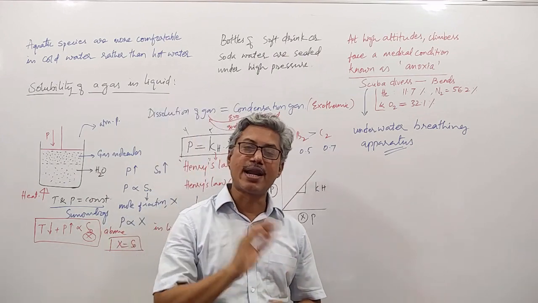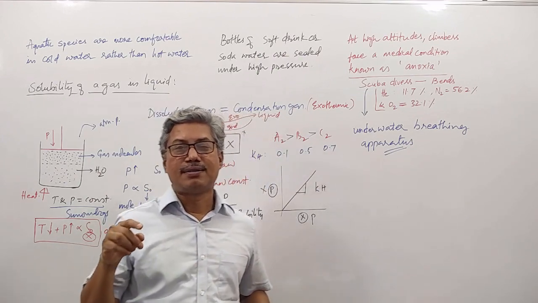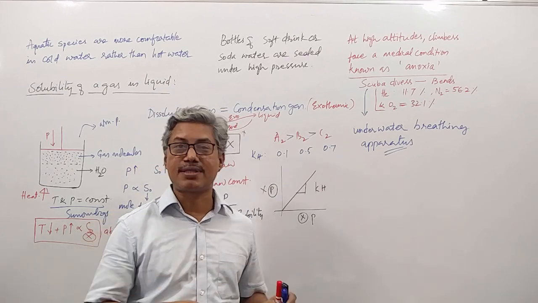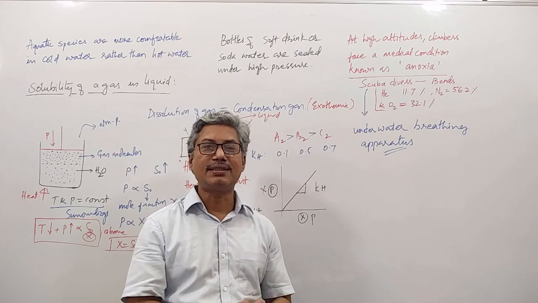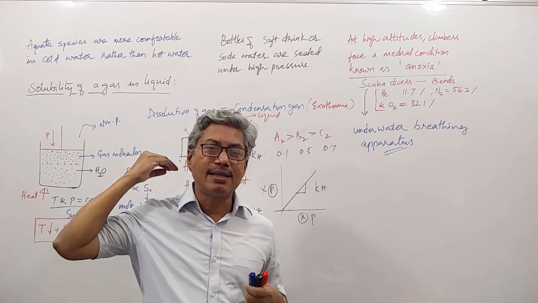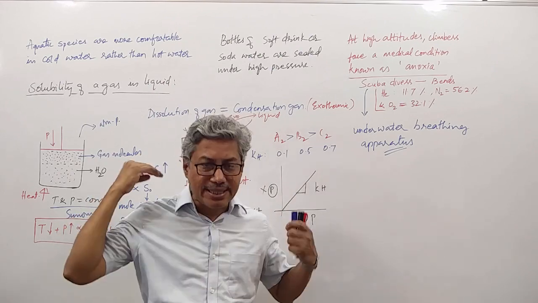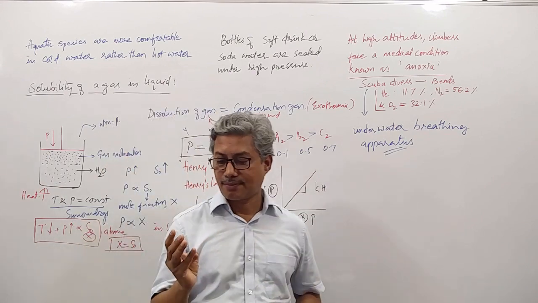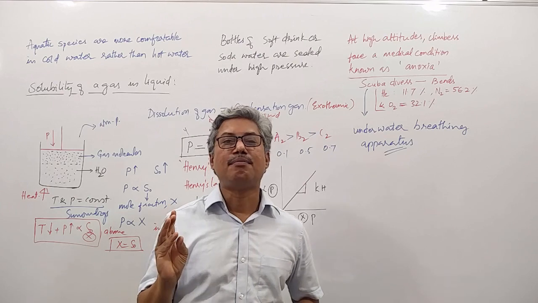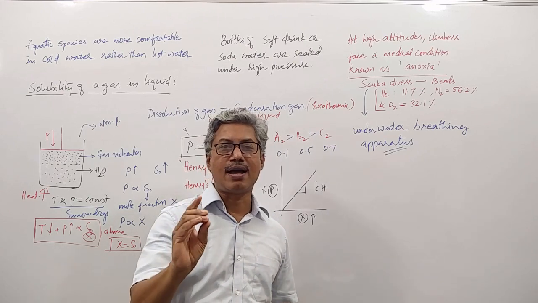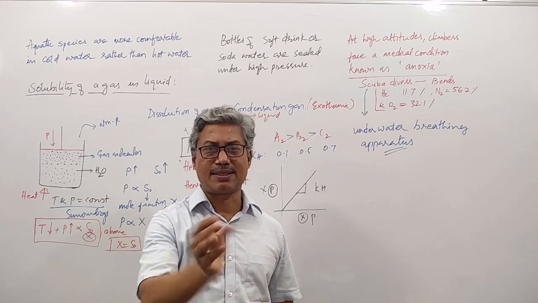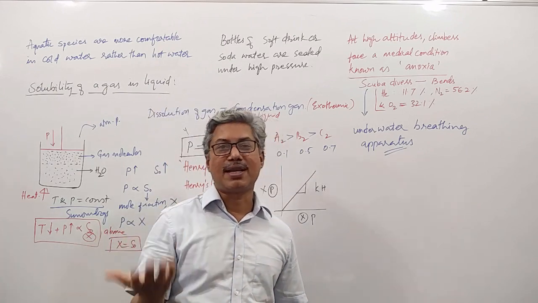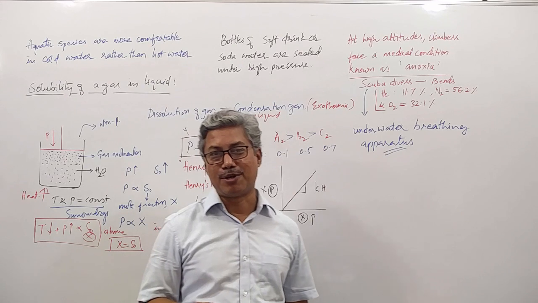See students, in olden days, sea explorers, that means deep sea divers, used to carry an oxygen cylinder, that is an air cylinder, on their back. That was having air, that is a mixture of nitrogen and oxygen along with some other gases. And nitrogen quantity is very much larger, around 78% by volume.